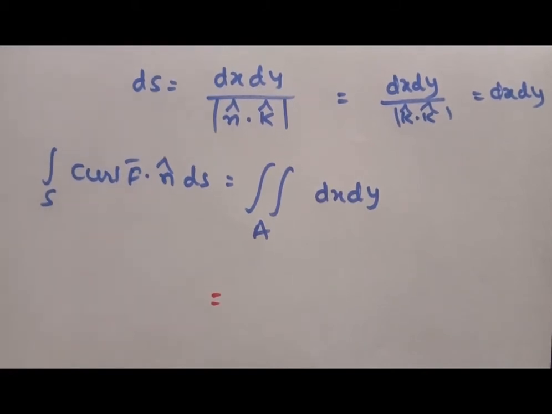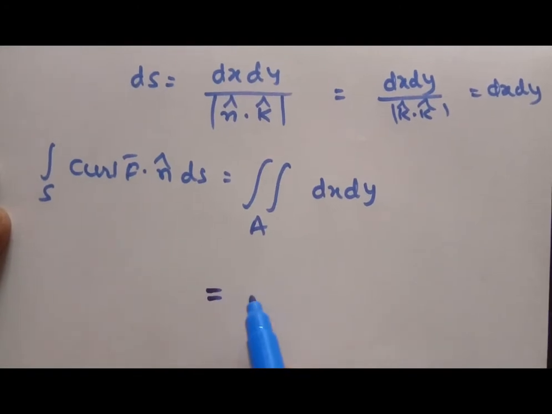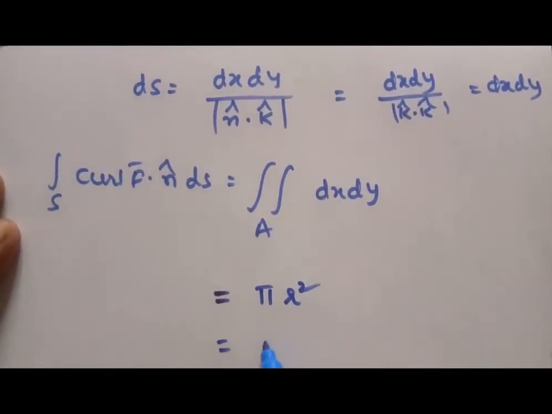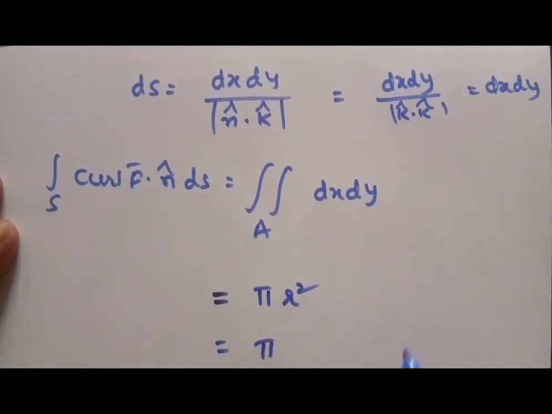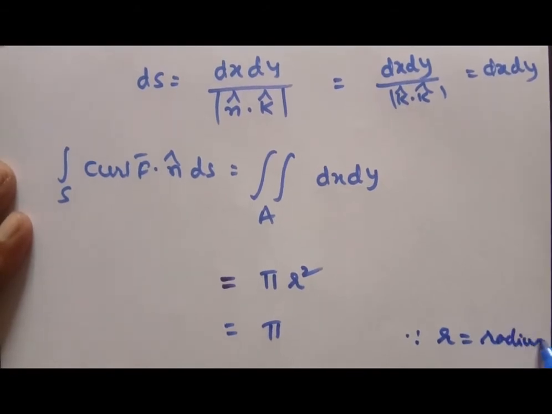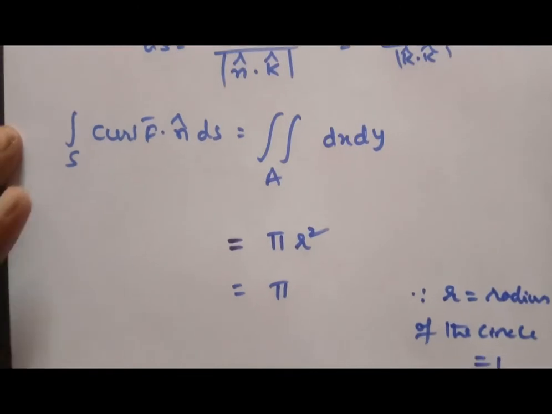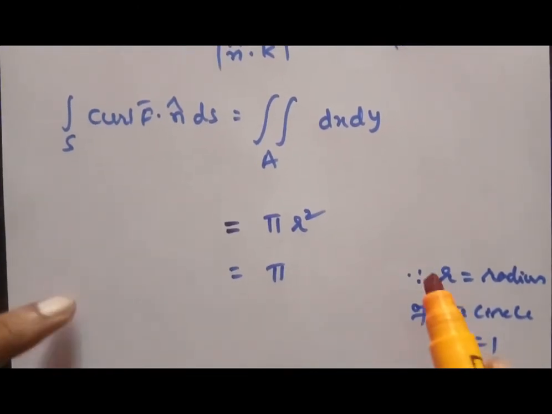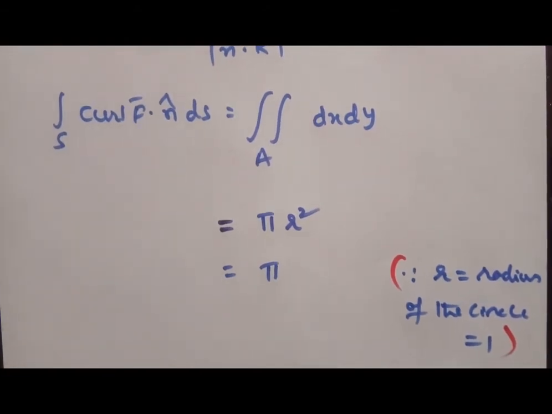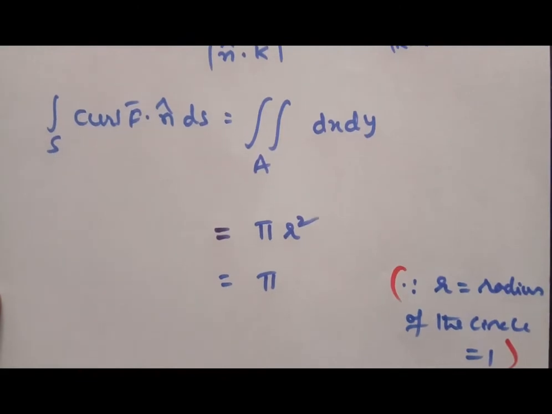Here r is equal to the radius, 1 unit. Therefore this is equal to pi into 1 square, since the radius of the circle is 1 unit. Or otherwise you can directly evaluate this and you get the same answer.